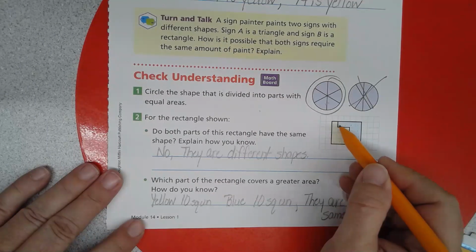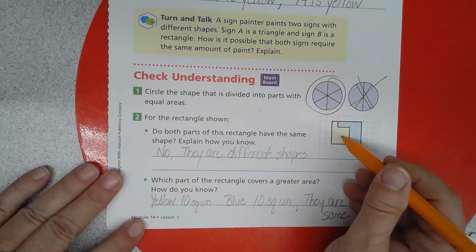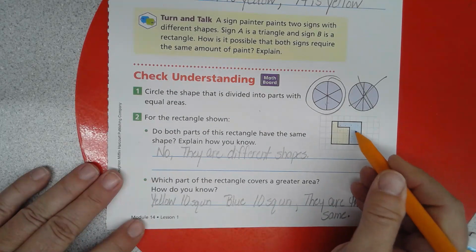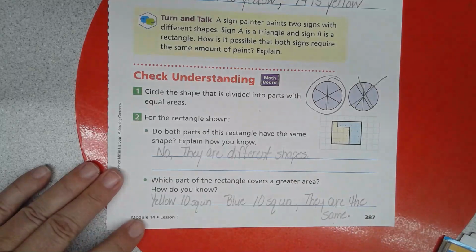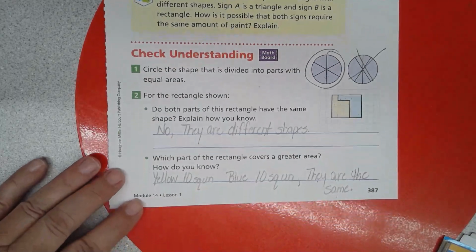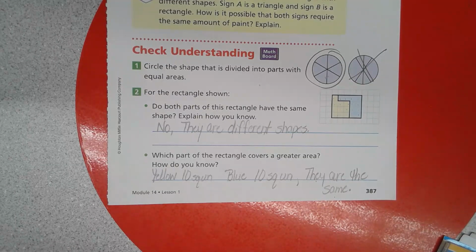Then it asks, which part of the rectangle covers a greater area? Well, if you counted those boxes, you saw that yellow has 10 square units, blue has 10 square units. They are the same. They have the same area. Give you a few seconds to make any corrections if you need to, just because there's a lot of words in this lesson.